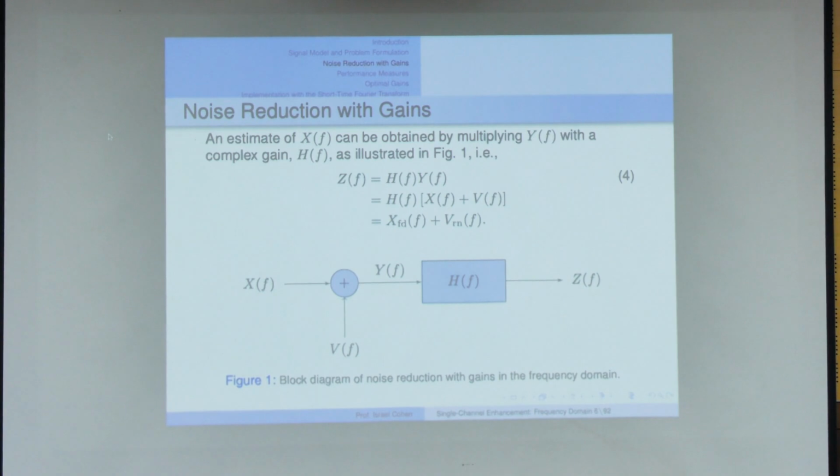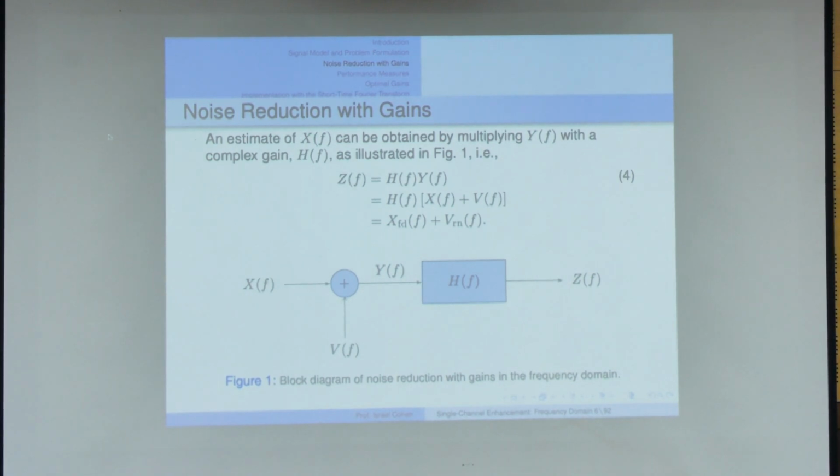If we do noise reduction with gains, it means that we need to find a filter in the Fourier transform domain. So we multiply each noisy coefficient with a certain, generally complex, number, and then we achieve the enhanced signal. So you see, if we multiply with a certain H, for each frequency it's different, okay?